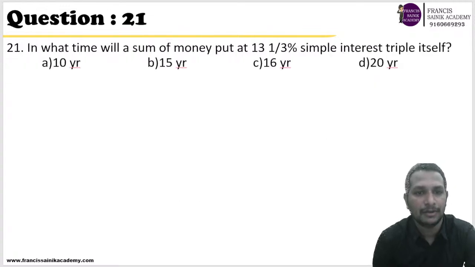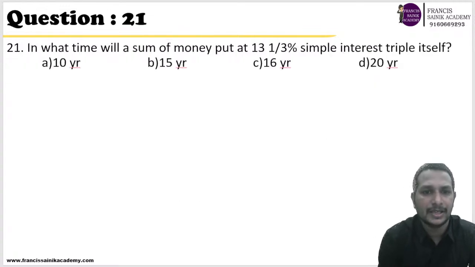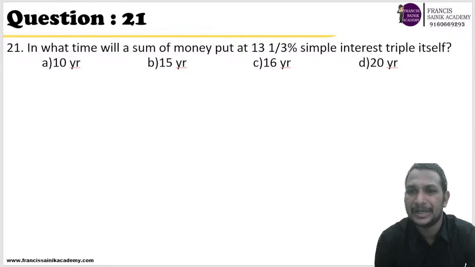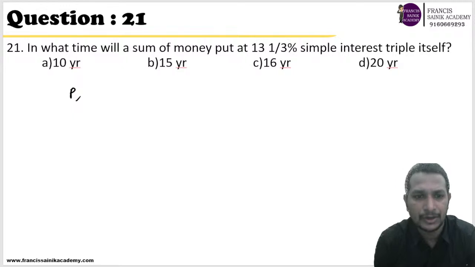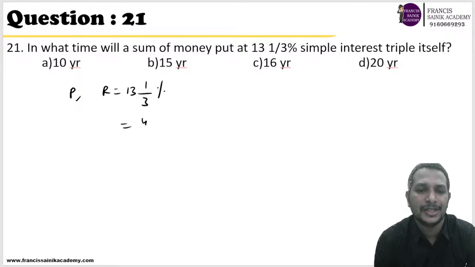Next, in what time will a sum of money at 13 1/3% simple interest triple? So the amount they kept is P. They didn't give the value. The rate of interest they gave in mixed fraction 13 1/3%, which is 40/3%.